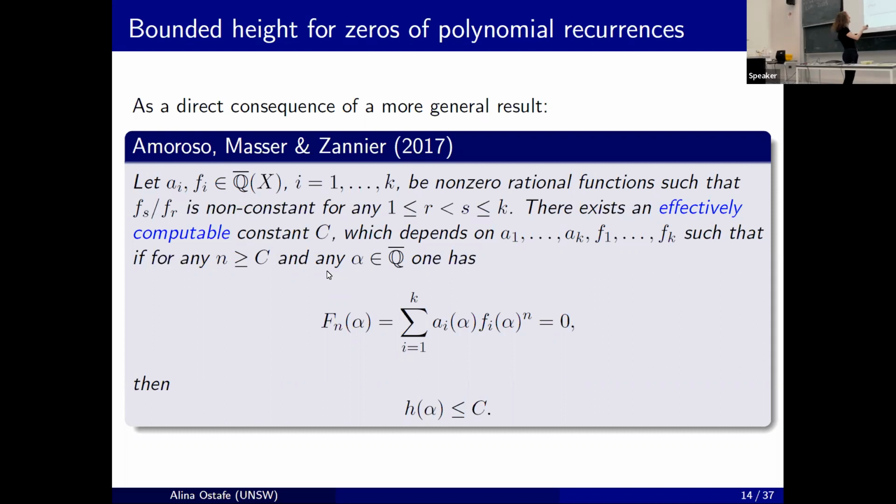Assume that the A_i are constant here. This is also an unlikely intersection type problem because what we have here is points on the parametric curve defined by F_i such that the nth power of the point in the multiplicative setting belongs to a hyperplane, if these are constant here.